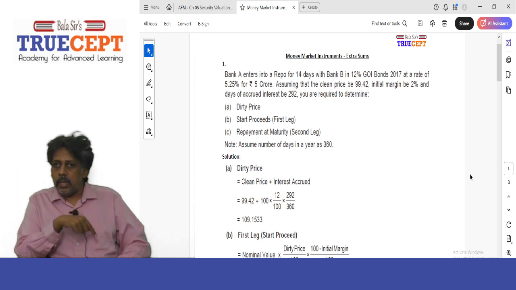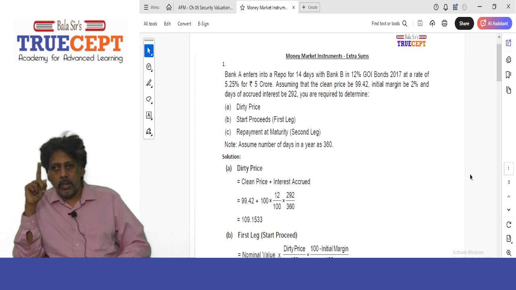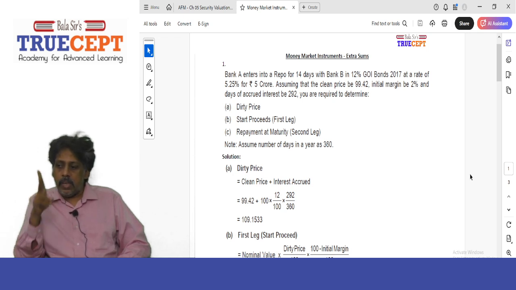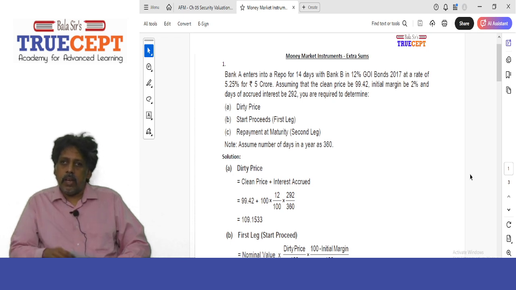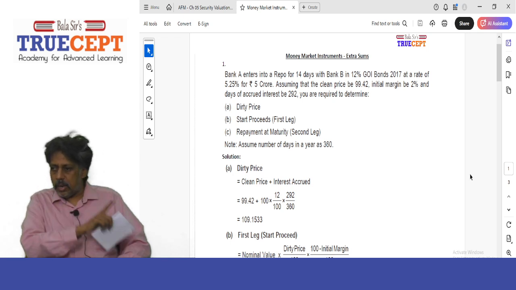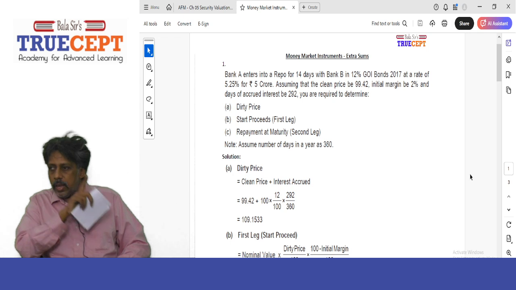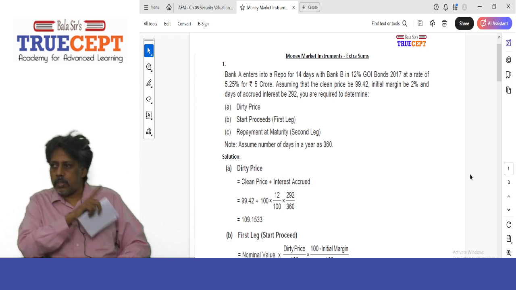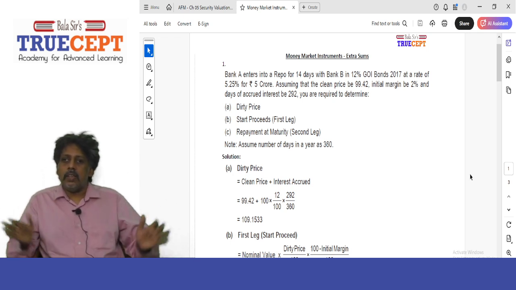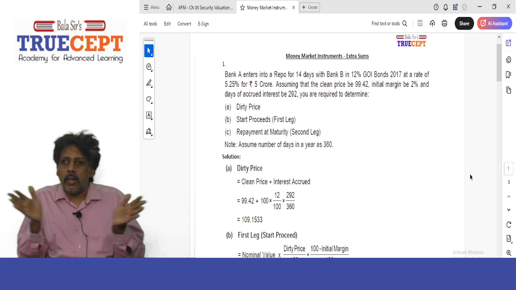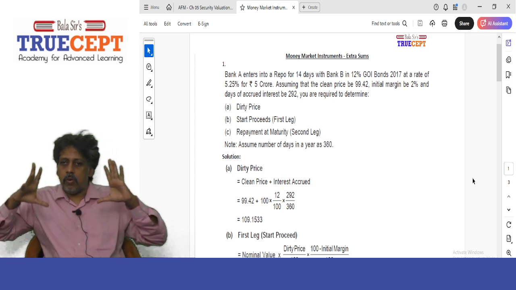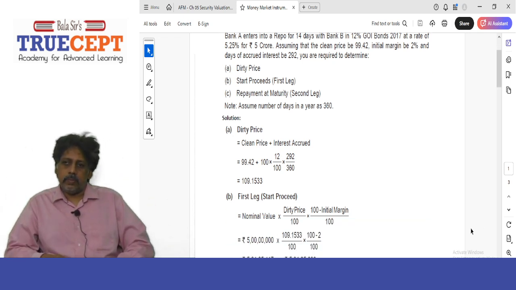Please add even the income accrued on the bond for the last 292 days. The market value should always be the clean price plus the income accrued on the asset for the last 292 days, and that is called the cum interest or dirty price. That is the true market value of these investments.